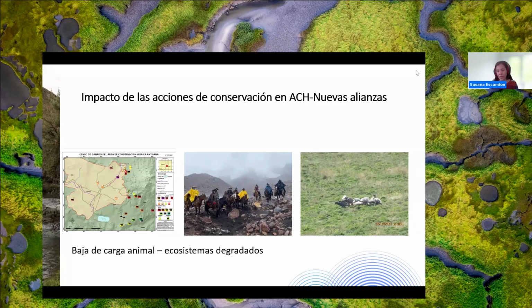So basically what we did was to work through an alliance with the community there. About 3 years after progressively removing the livestock, the condor started to feed from deer. That gave us a guideline, explaining that the recovery of ecosystems might give us solutions to the food chain.